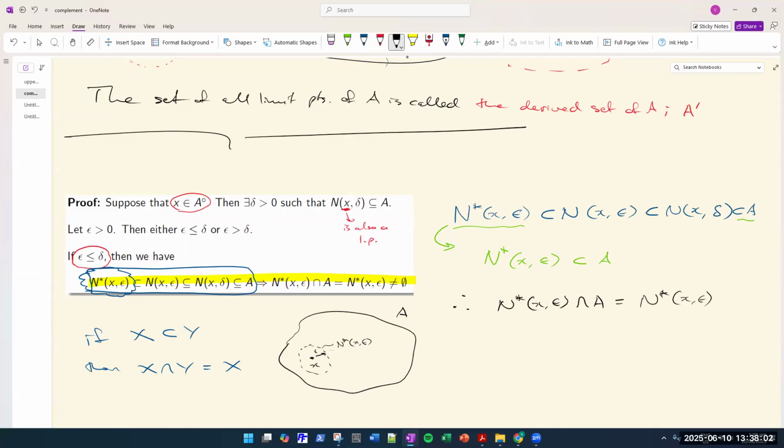And the deleted neighborhood is not empty, right? Because these are intervals. They have uncountably many points.